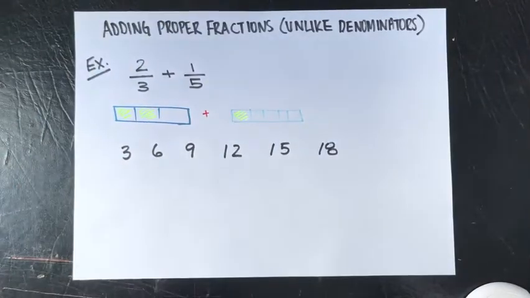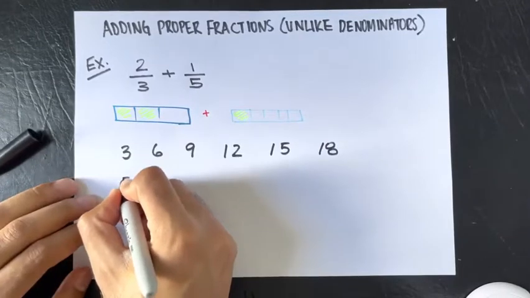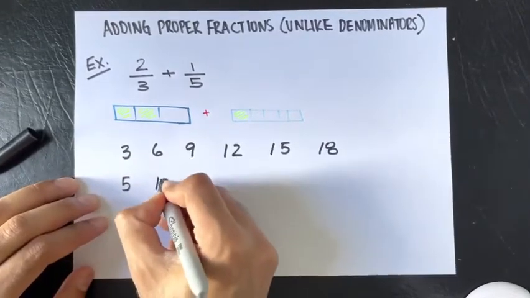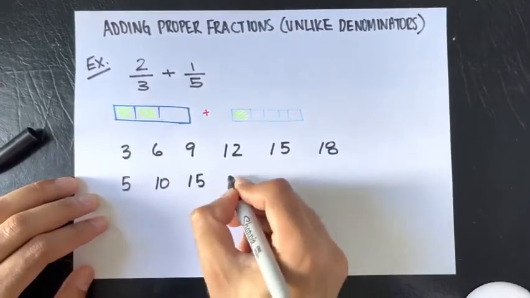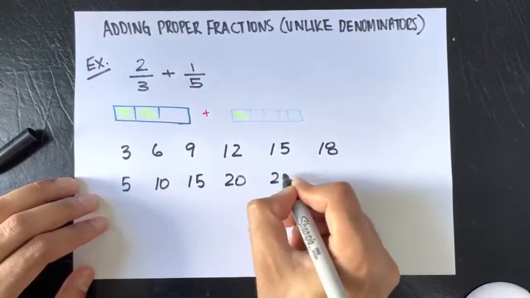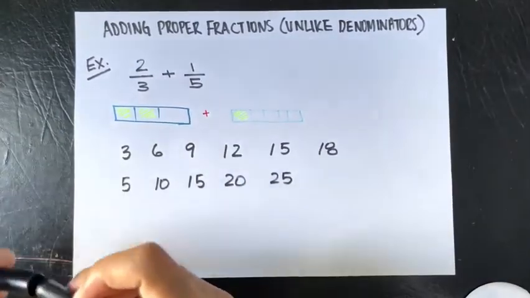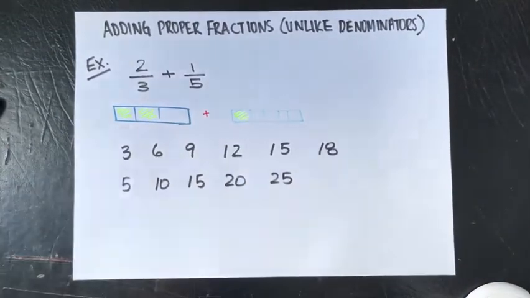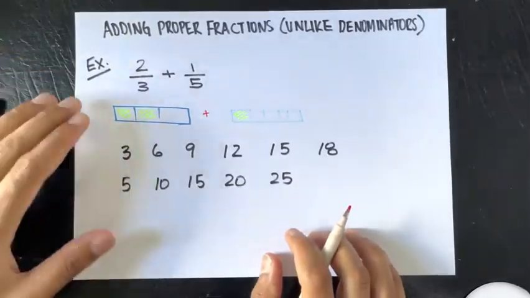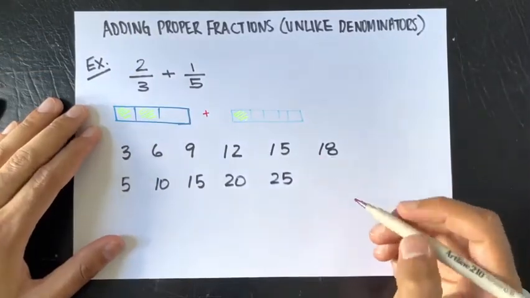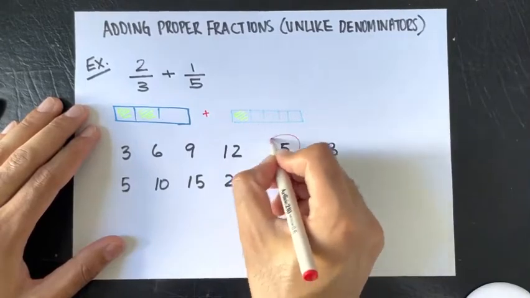And we'll do the same for 5, so we go 5, 10, 15, 20, 25. We'll just stop it there. As you can see, the lowest common multiple between the 3 and the 5 times table is 15.